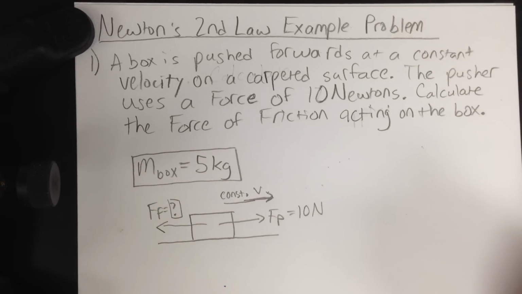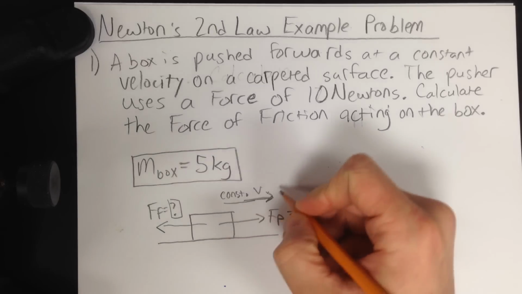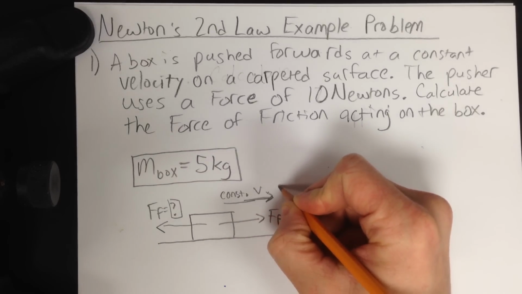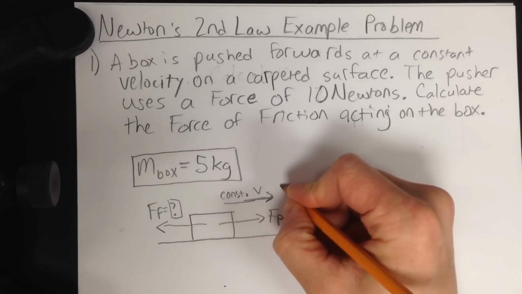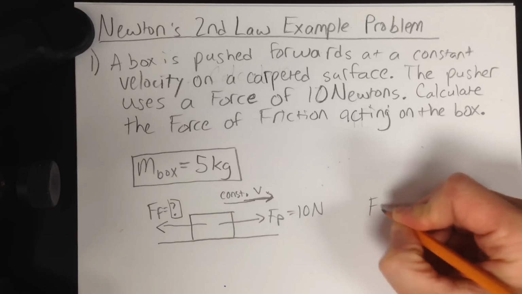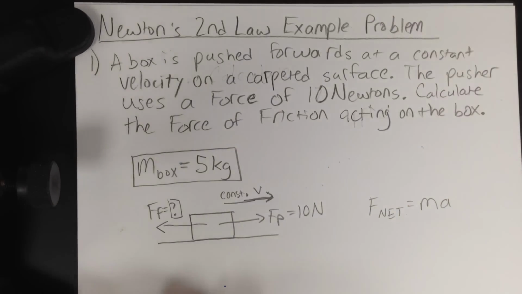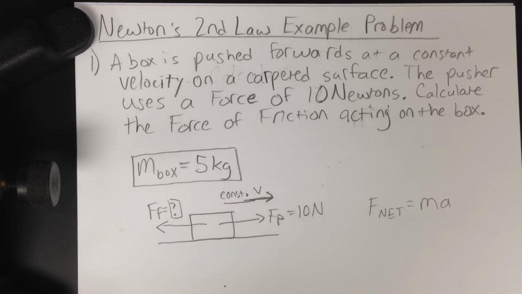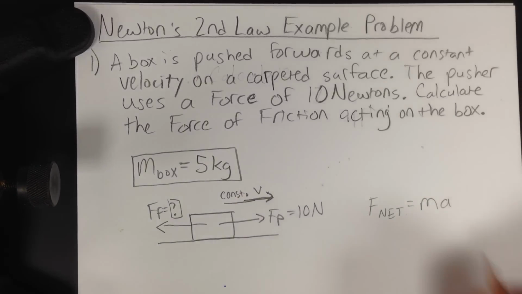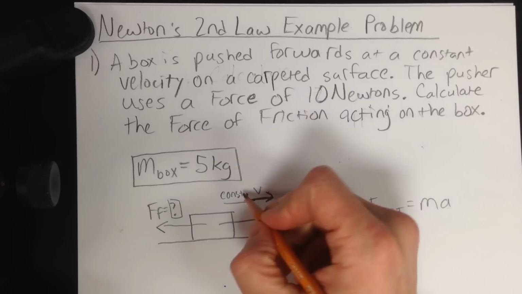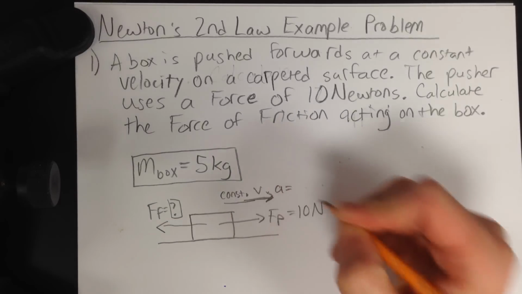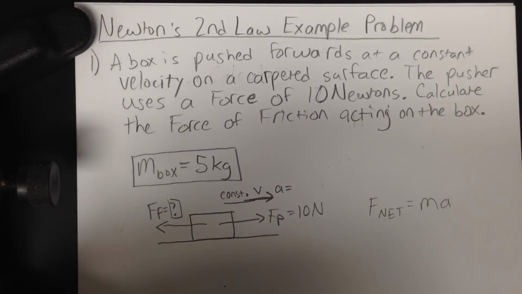All right. So one thing we know, when something moves at a constant velocity, we're going to use Newton's second law. F net equals ma, right? And we could kind of get that statement going, but we're going to need to know this to solve the problem. So when something moves at a constant velocity, what is its acceleration?